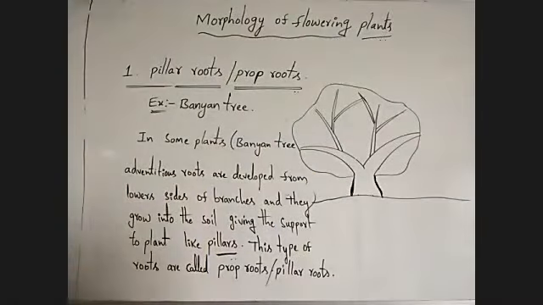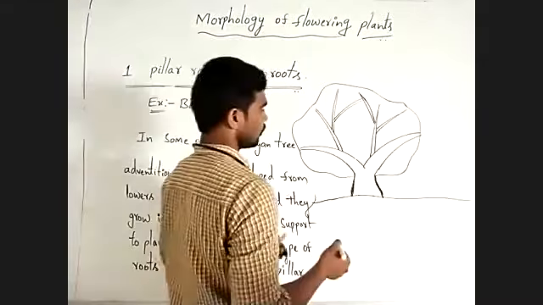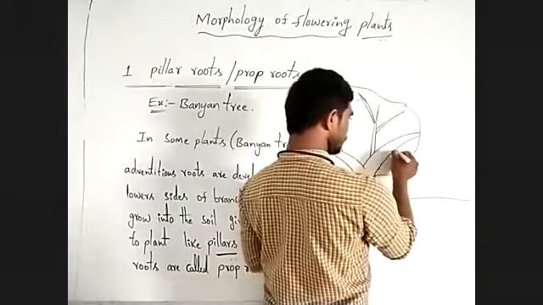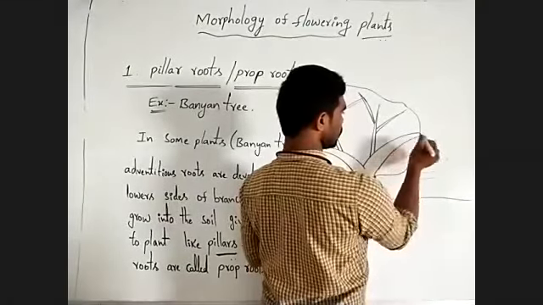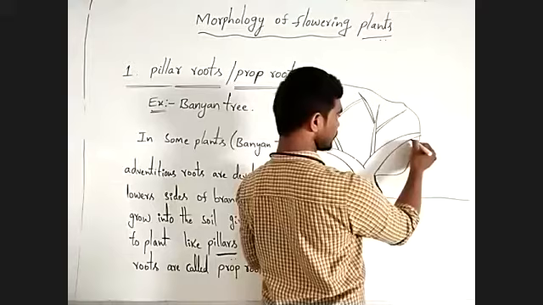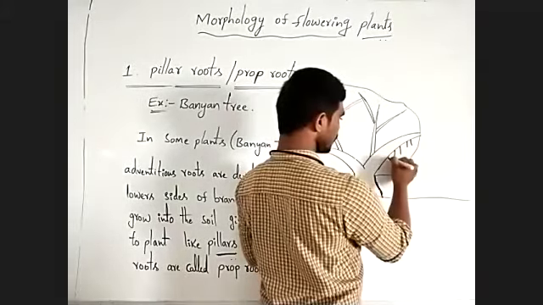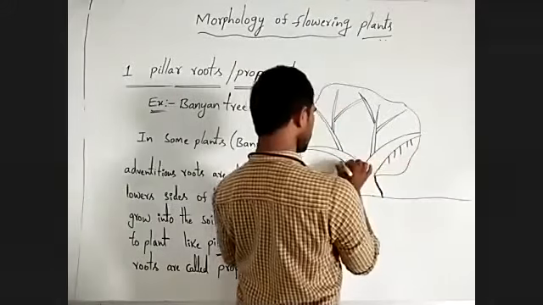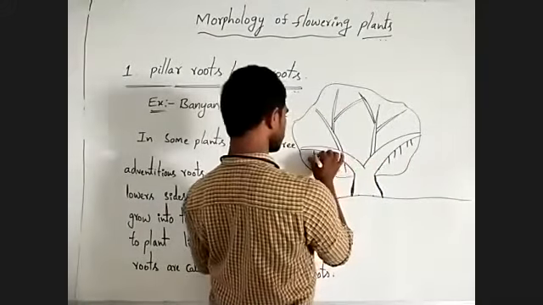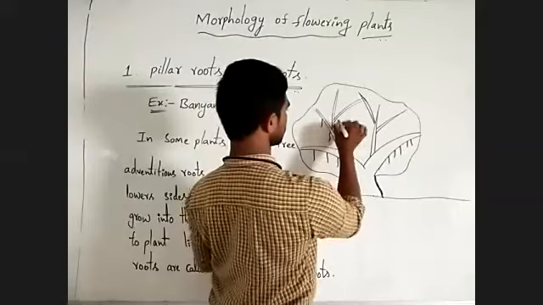From the lower sides of the branches, like this, adventitious roots are developed.